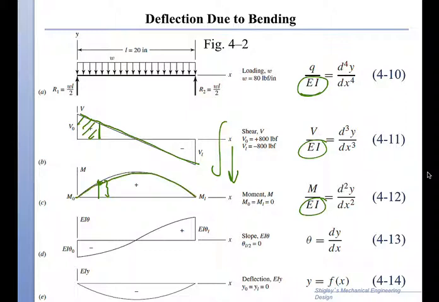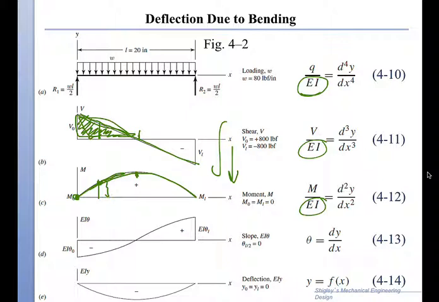So you have a parabola, and the maximum of the parabola is exactly in the middle, and the value of the moment at the left side is 0, and then it increases as we accumulate area under the curve. So this is the area under this curve here.